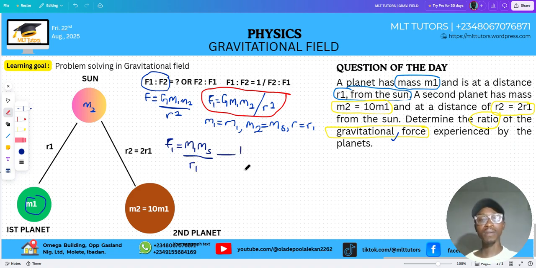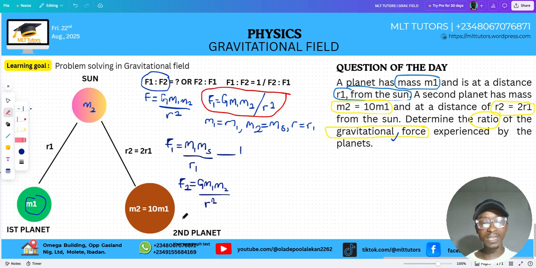All right. Now, going to the second planet. For the second planet, let's represent that by F2. And the formula again, the force of attraction as discovered by Newton, will be G m1 m2 over r squared.